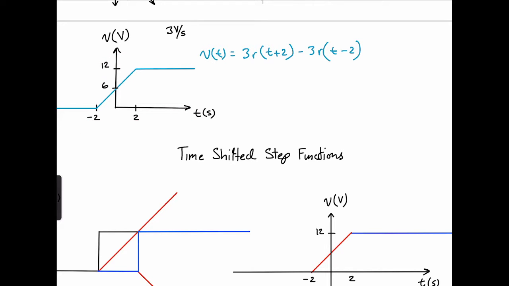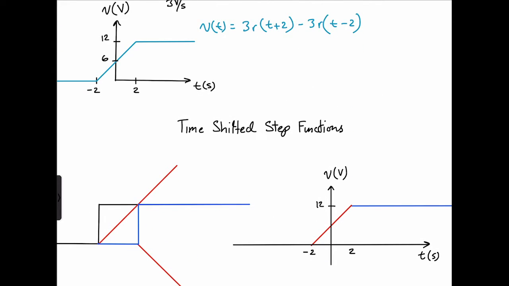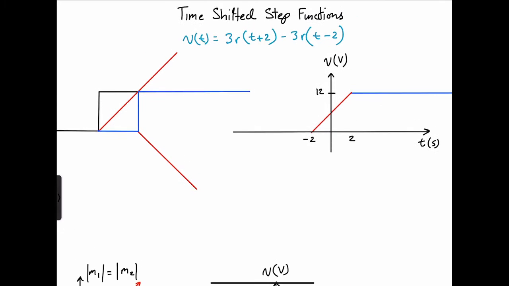Well, let's look at what we just did with canceling. Let's copy this so we can see it easily and put it under here. Okay, so if we write some expressions for these: in black, we have a unit step function, u of t, and that is shifted.